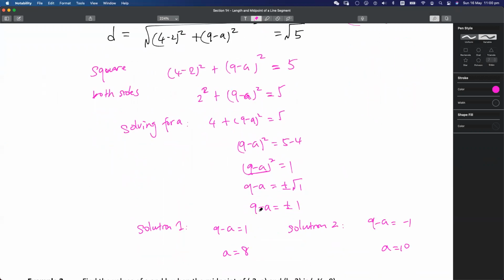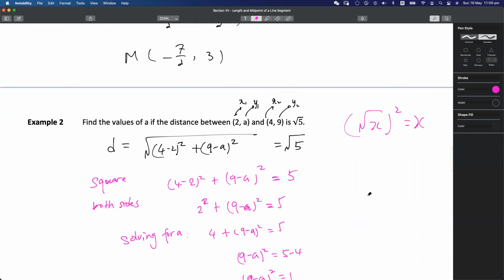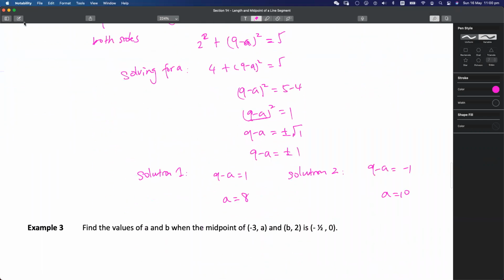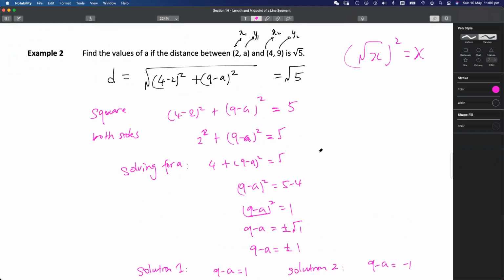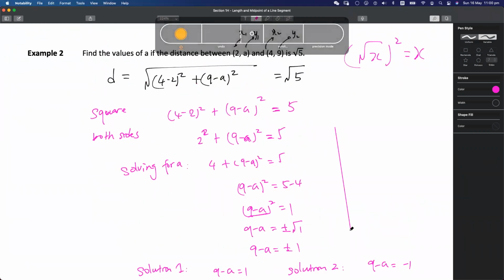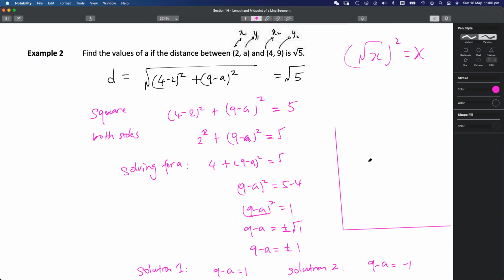You might be wondering why we have two solutions. Let's have a look at the diagram.